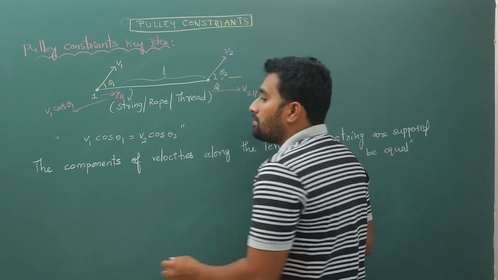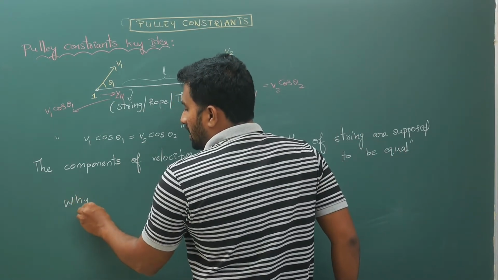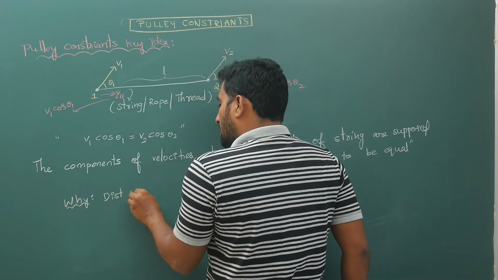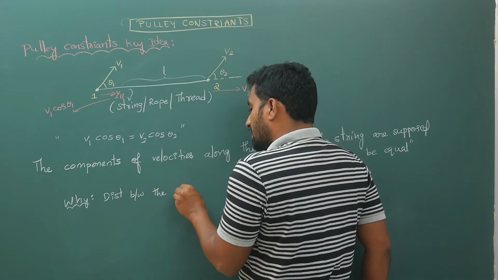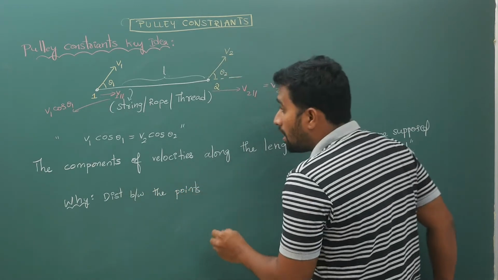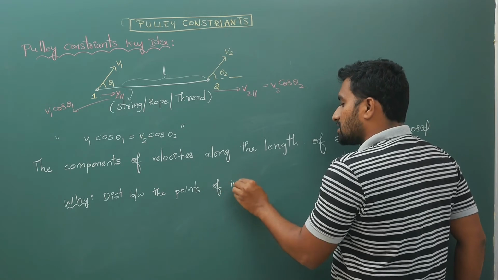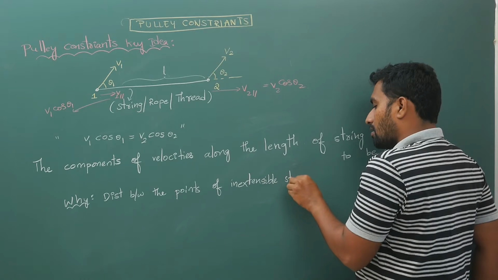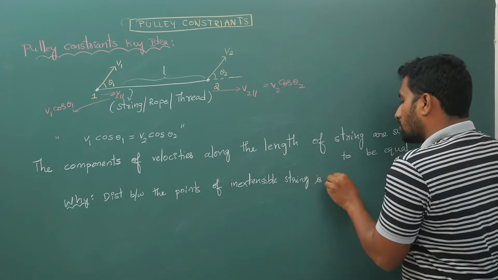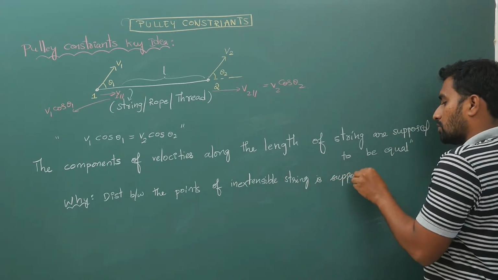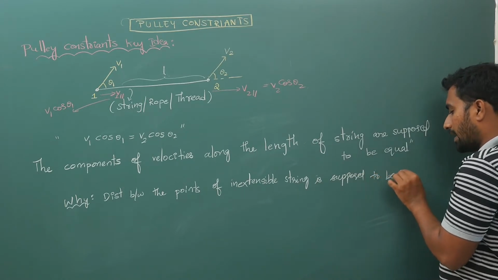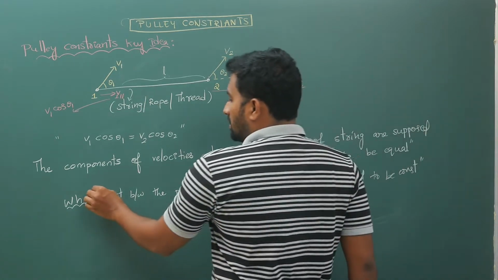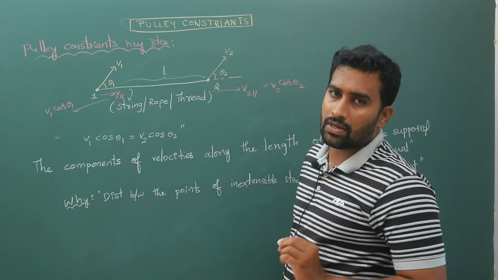The reason is that the distance between the points of an inextensible string is supposed to be constant. To make it constant, these velocities will be equal this way.